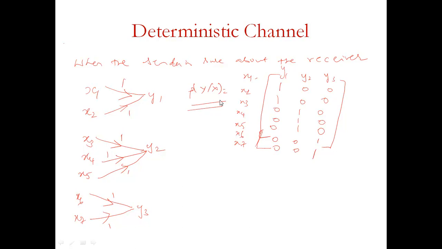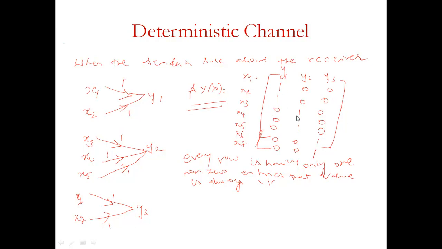Here again the unique thing is that every row has only one non-zero entry, and that value is always 1. Take the first row, only this entry is non-zero and its value is 1.